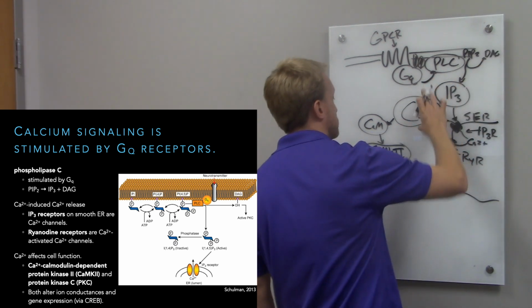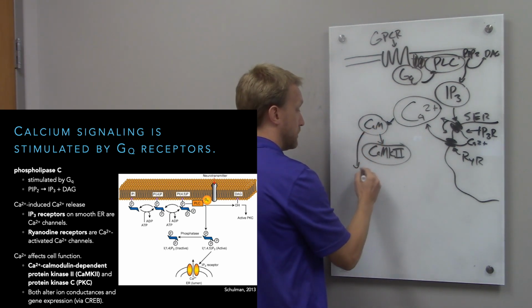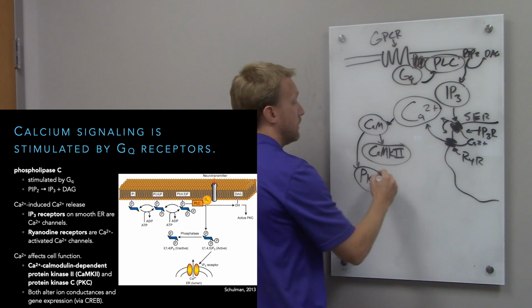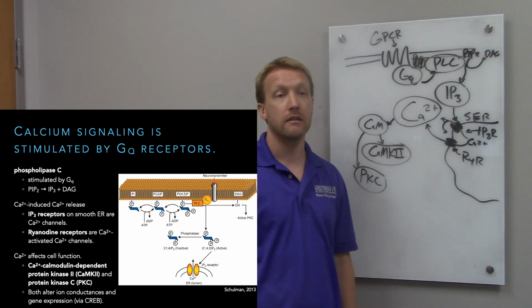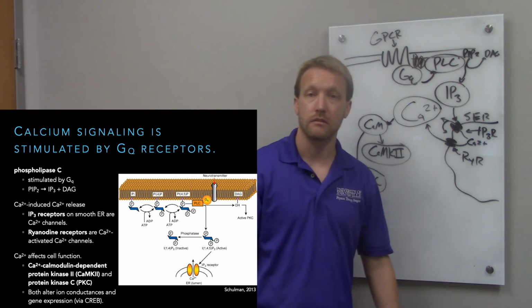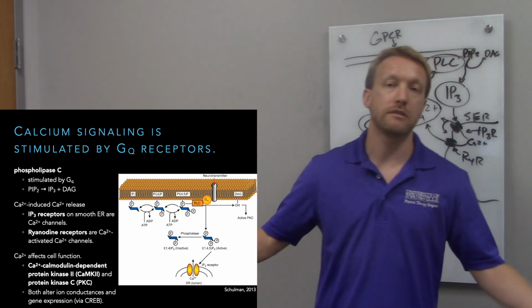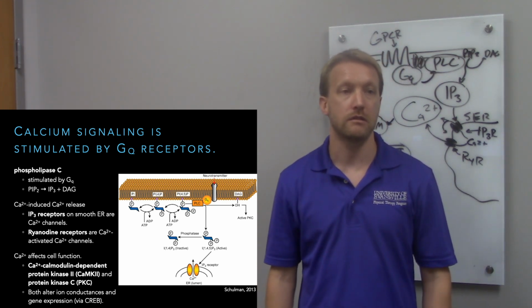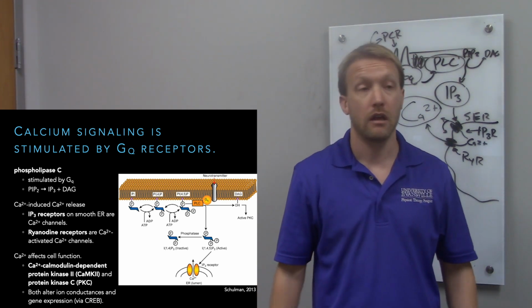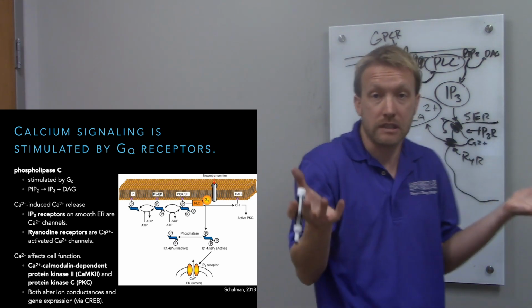Diacylglycerol and calcium collectively are going to stimulate protein kinase C. And just like protein kinase A, you've got to know the details if you want to know what these do in a cell. So CaM kinase 2 doesn't do the same thing in every cell. In other words, the devil's in the details. That's the good news. But we know they're kinases, so we know they're going to add some phosphates to something, and something's going to happen.